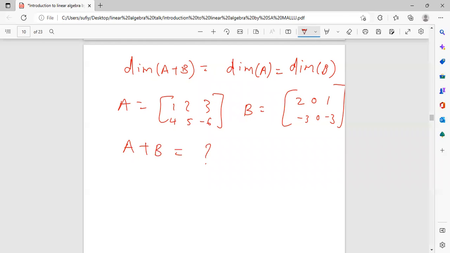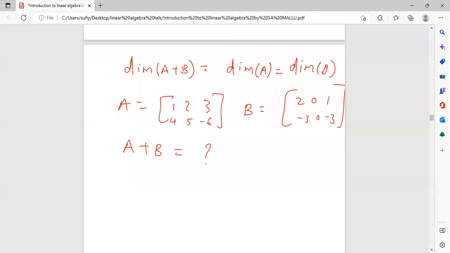Remember, in order for you to add two matrices, you need to check whether the given matrix is a square matrix or not. Let us look at that. I think I made a mistake in the definition of a sum. Sorry. When you look at the summation, it does not necessarily have to be a square matrix.